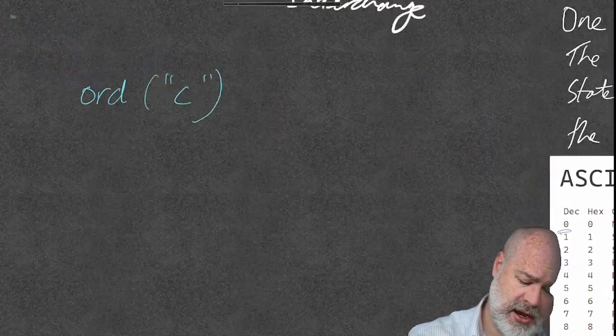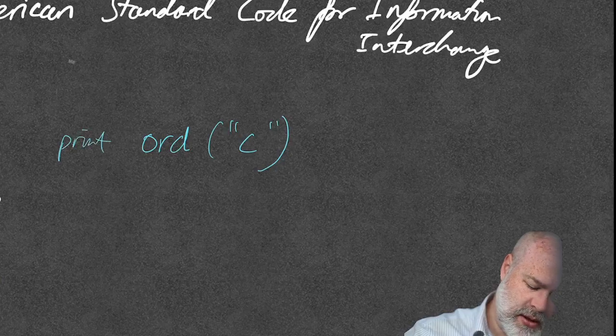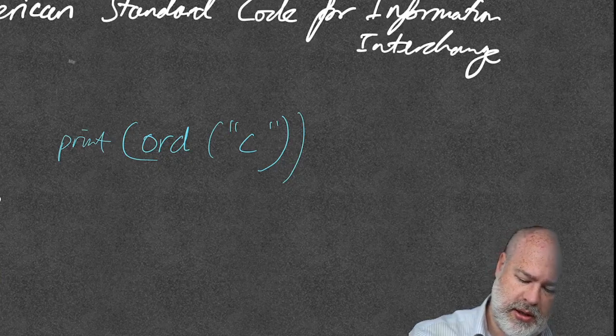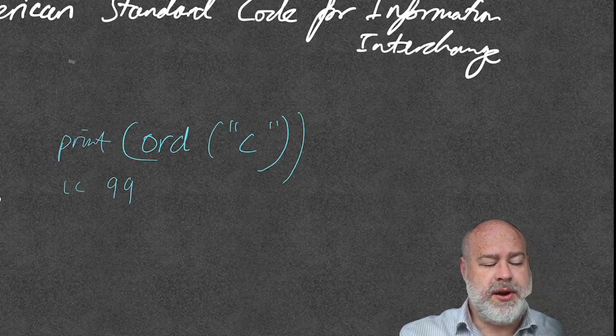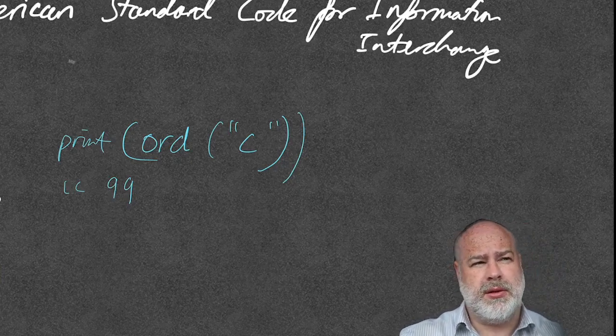Small c should return 99. So if we printed out ord c, we would get 99 in our console. So we can find out the position of any character in Python.